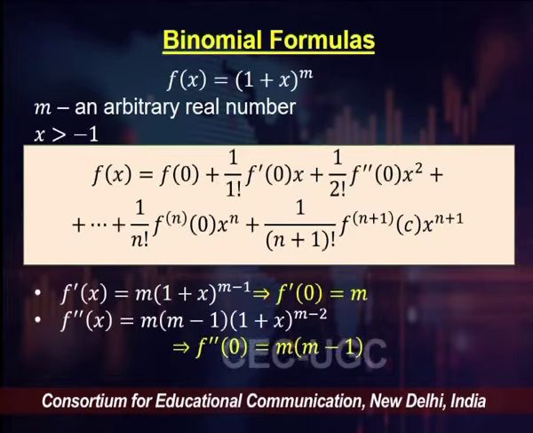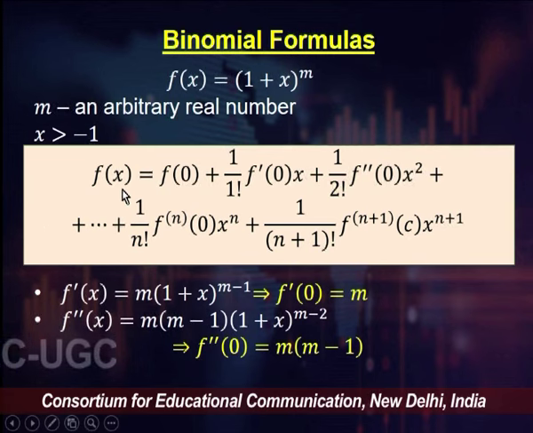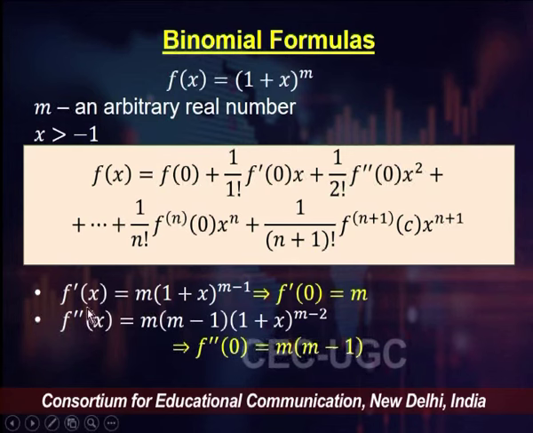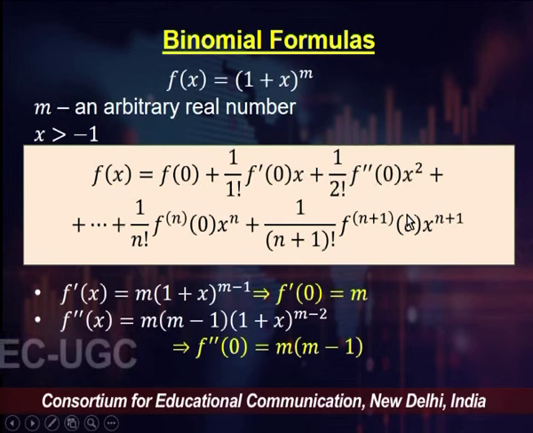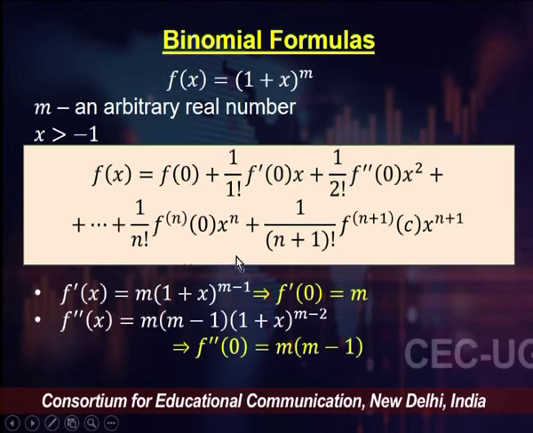Okay, now if this is the situation, then for the function f of x, the nth order Taylor's polynomial along with the remainder gives us a Taylor's formula, as you've seen from the first part of the video. The Taylor's formula is given by f of x equal to f of 0 plus f prime at 0 times x plus 1 by 2 factorial f double prime at 0 times x squared, and so on till 1 by n factorial, the nth derivative at 0 times x to the power n.